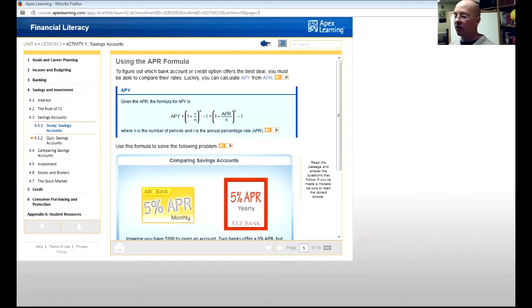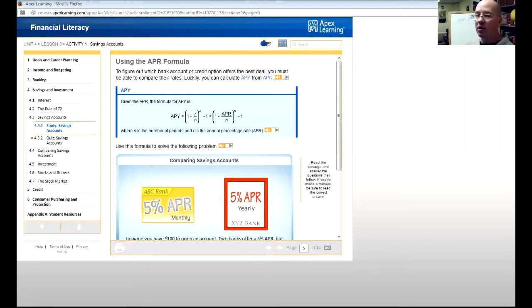Now, with this other bank, XYZ Bank, the APY calculates interest at 5% APR, annual percentage rate, but it only compounds yearly, once a year. So anytime you see that an interest rate compounds only once a year, APY is going to be the same as APR.